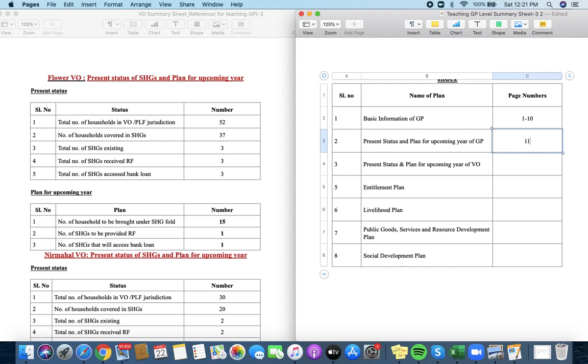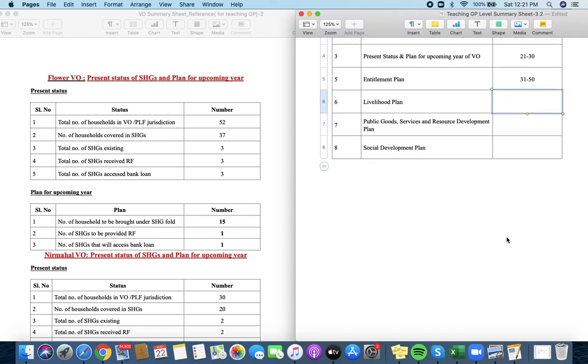Then the present status can be from page number 11 to 20, and similarly the plan of the upcoming year can be from page number 21 to 30, and the entitlement plan can be from page number 31 to 50. So this will give an idea to all the people at the panchayat level to refer to these pages whenever they are in search of something very specific, such as entitlement plan, livelihood plan, public good services and resource development, and social development plan.